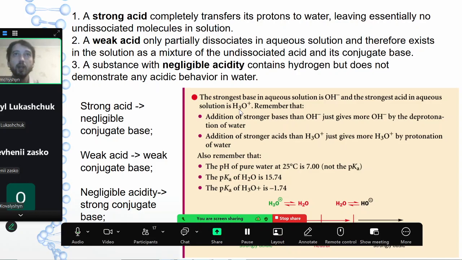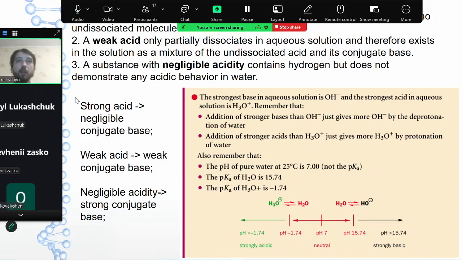Once again, a strong acid completely transfers its protons to water, leaving essentially no undissociated molecules in the solution. A weak acid only partially dissociates in aqueous solution and therefore exists as a mixture of undissociated acid and its conjugate base. If a substance has negligible acidity, it contains hydrogen but does not demonstrate any acidic behavior. What else? If the acid is strong, it is conjugated with a negligible base.